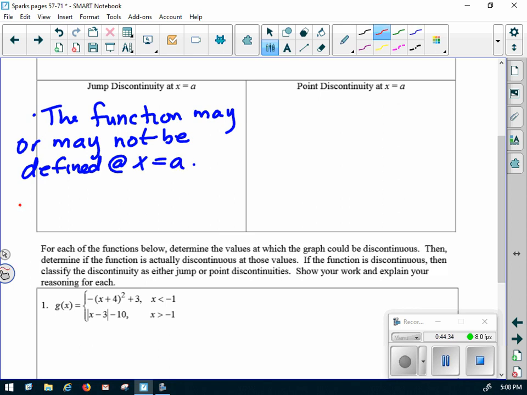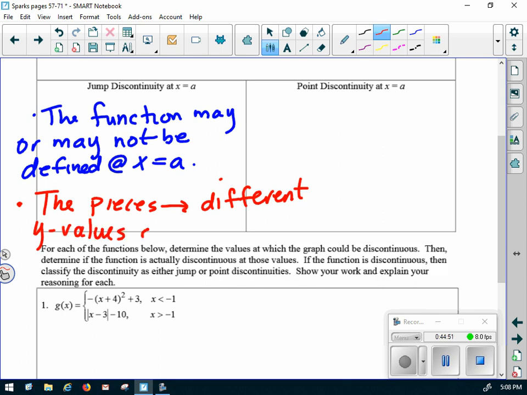And the second one, and this is the big one for a jump discontinuity, the pieces approach different y values as x approaches a from the left and the right. That's the big deal about a jump discontinuity, is that the pieces approach different y values as x approaches a from the left and the right. Pause if you need to. I'm going to have to erase to have room to do the next one.